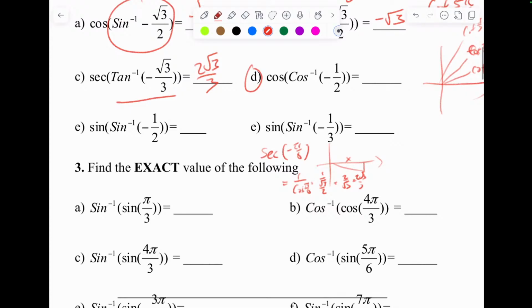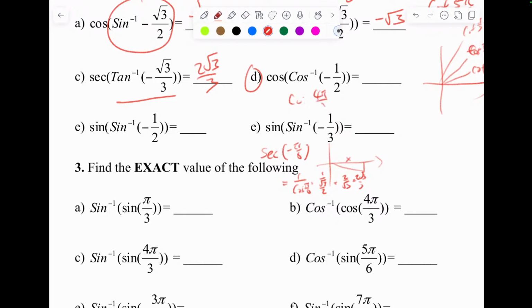Yop, can you tell me what's D here? It's 3 pi over 4. Yes. Cosine of 3 pi over 4 is what? Oh, 3 pi over 2, right? Oh, no, 4 pi over 3.